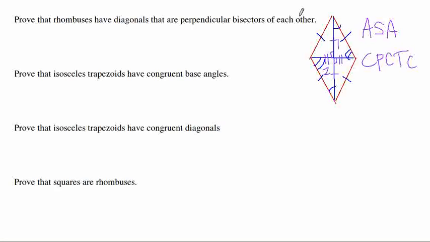Prove that isosceles trapezoids have congruent base angles. Okay, so let me start by drawing an isosceles trapezoid. And let's recall what we know to be true about an isosceles trapezoid. We know that we have congruent sides and we have parallel sides.